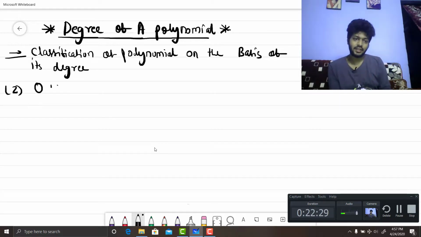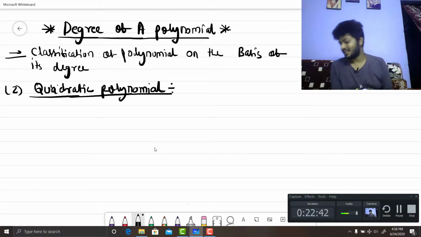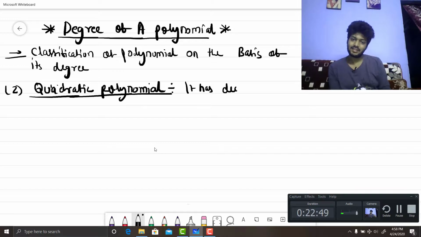Next one we have is the quadratic polynomial. And what's its speciality? That it has degree 2.